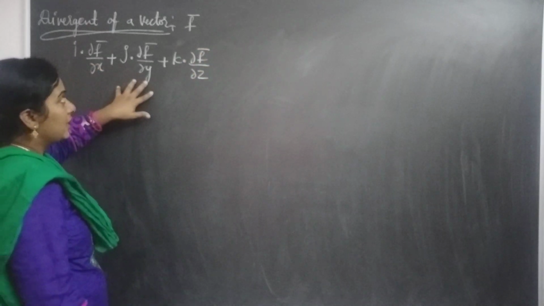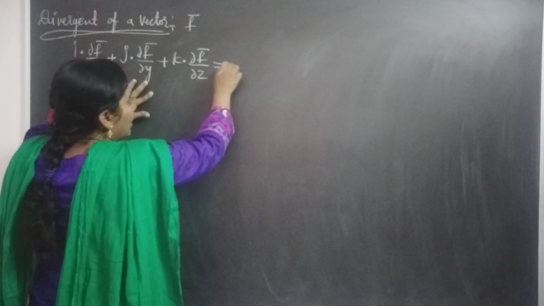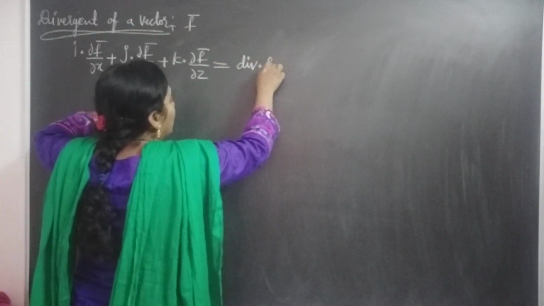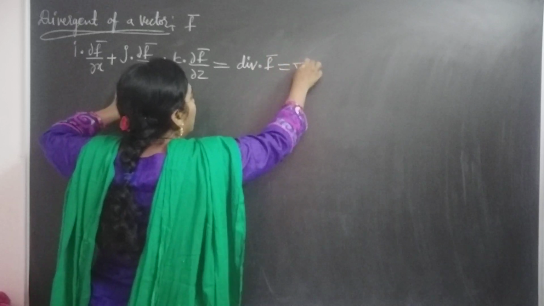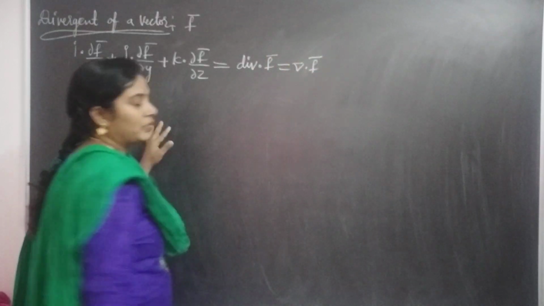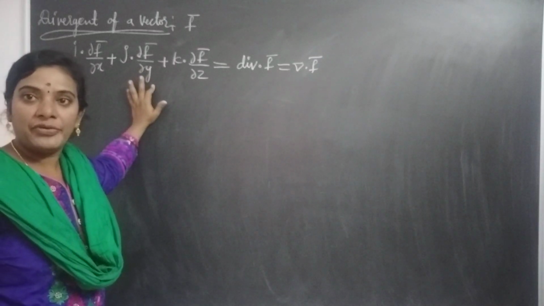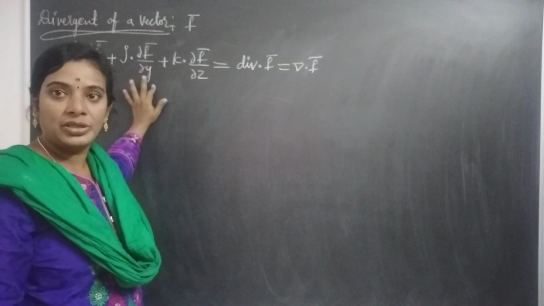It is called the divergence of a vector point function. It is denoted by div f bar or del dot f bar. Here f is a continuously differentiable vector point function.